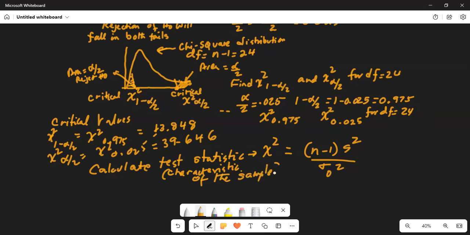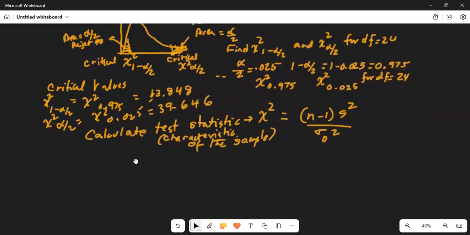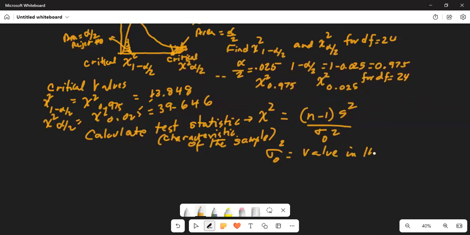Okay. So let's create some space. And of course, sigma 0 square is the value in the null hypothesis. Okay. So my chi-square then becomes n is 25 minus 1 times s square.